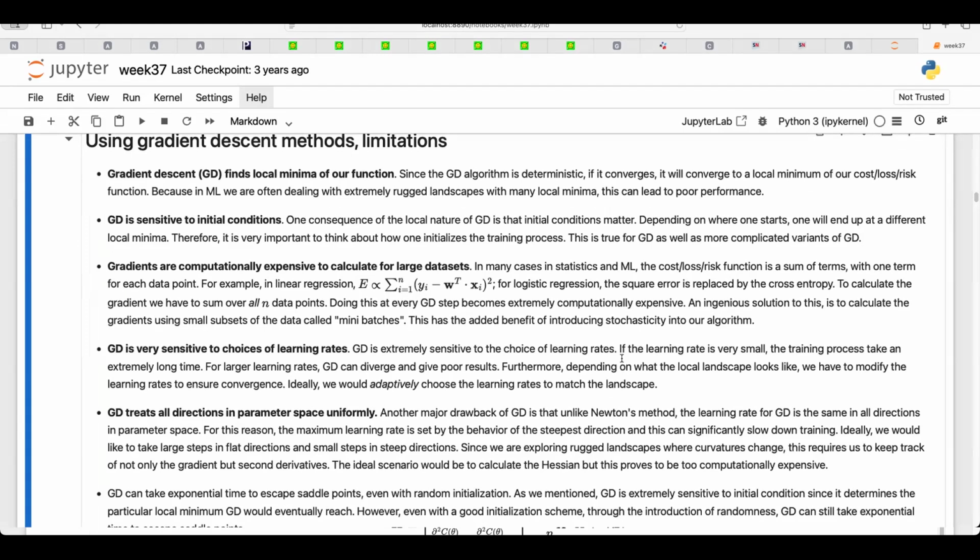And then if you have large data sets, then it's actually very expensive to calculate the gradients. And when we come to deep learning methods like neural networks, the matrix which you have, this X, etc., is going to depend on the parameters, because we're going to backpropagate.